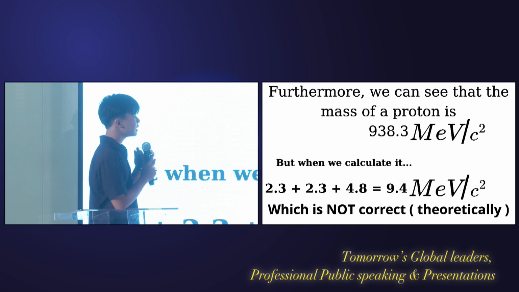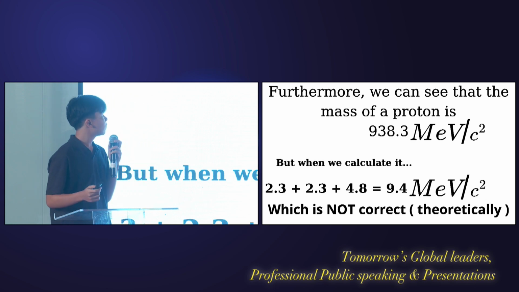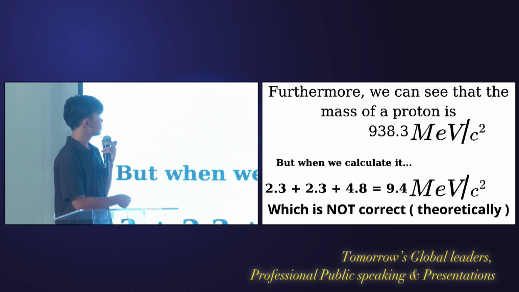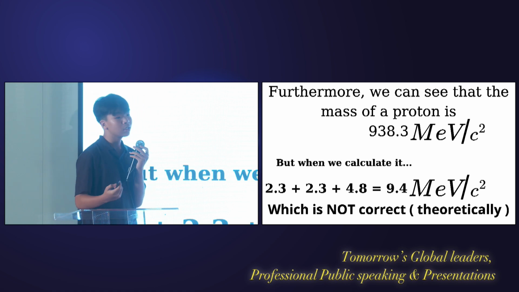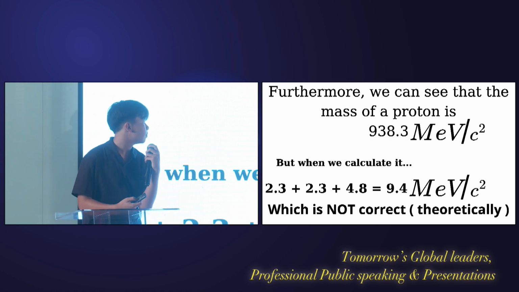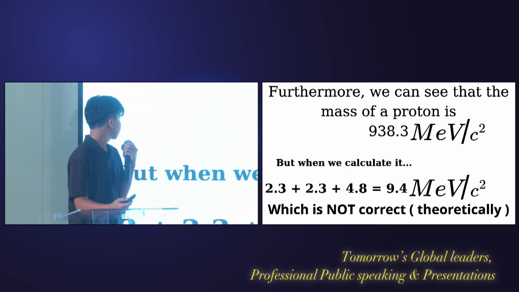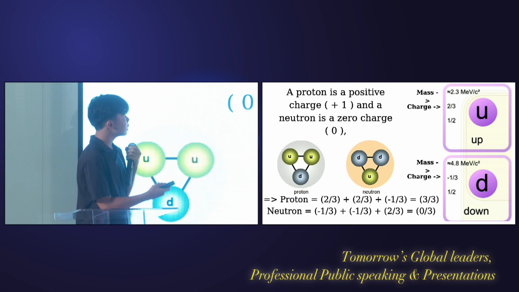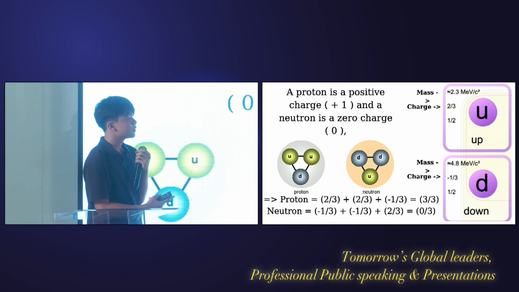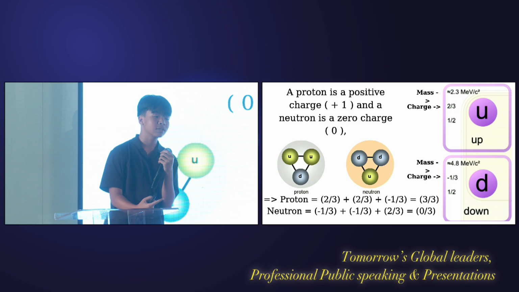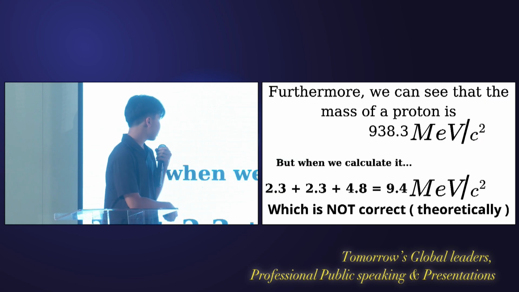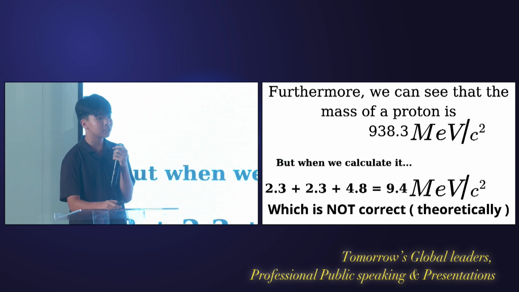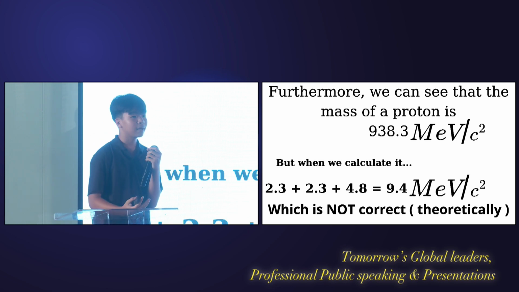So we can see that the mass of the proton is about 940 megavolts per c squared. And as you can see, the mass of two up quarks is 4.6 and the mass of one down quark is 4.8. And when you do the calculation, it only sums up to 1% of the proton's mass.